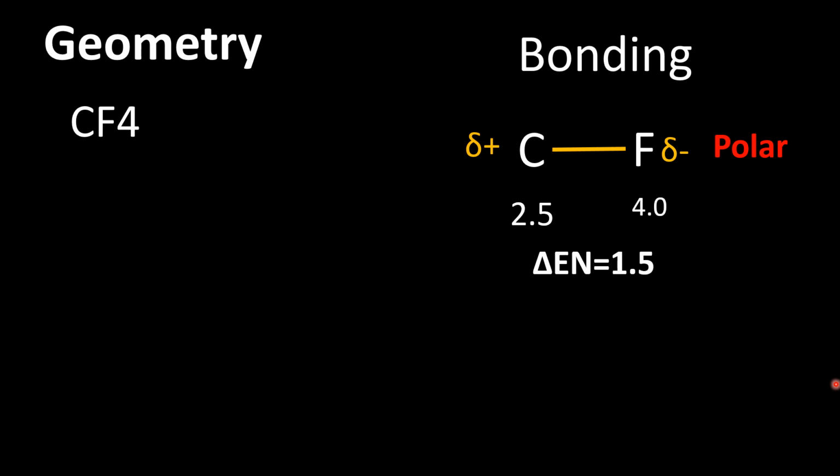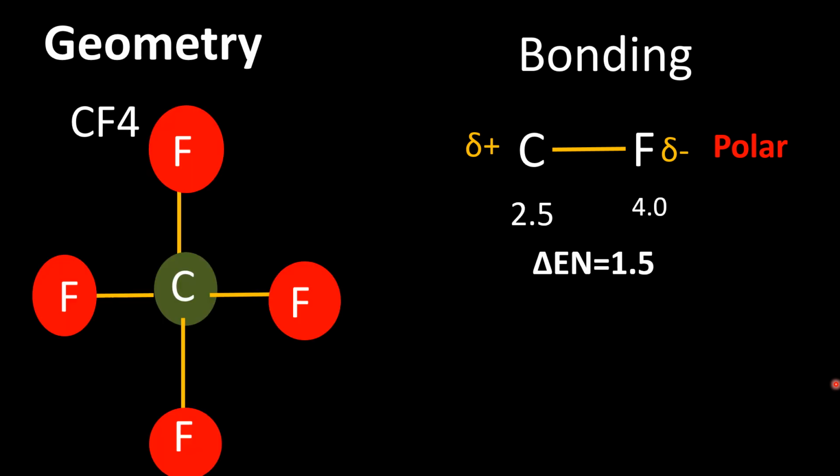Now we look at the geometry of carbon tetrafluoride. Here you can see that the carbon atom shares its 4 valence electrons with the 4 fluorines. The bond angle between them is 109.5 degrees, so the geometry is tetrahedral.